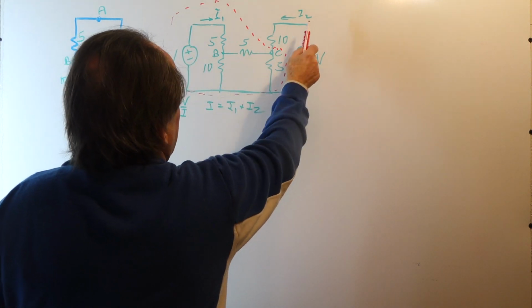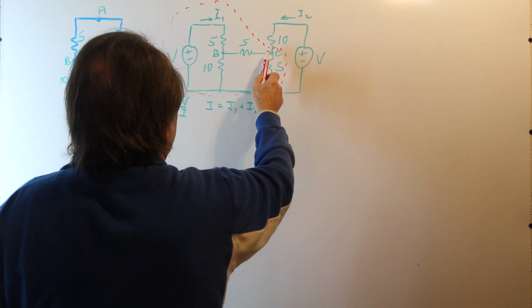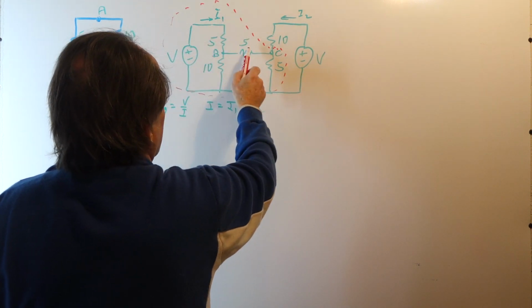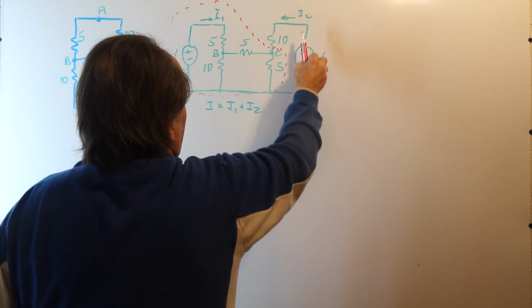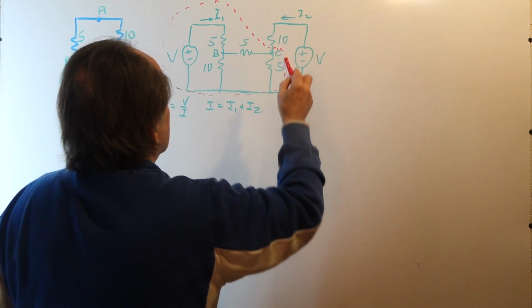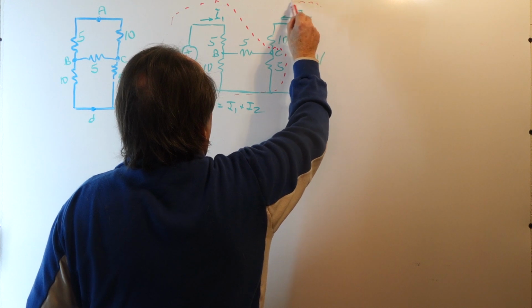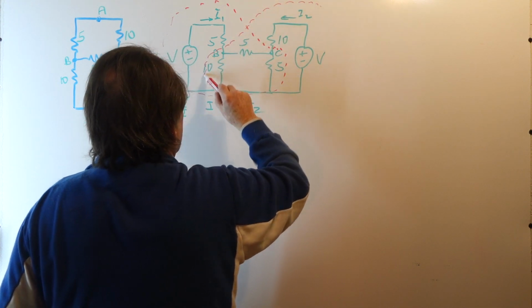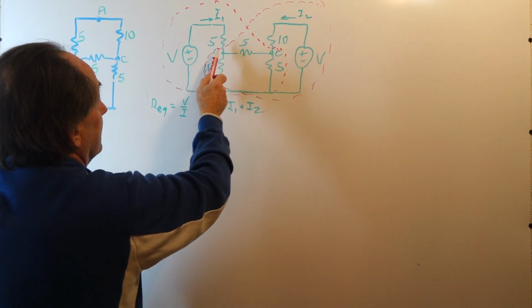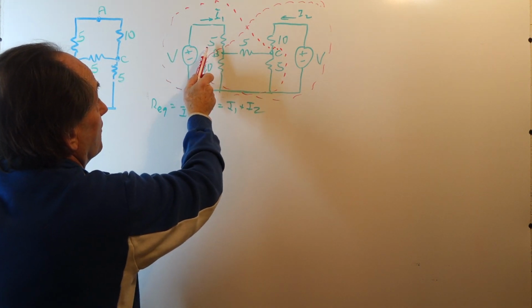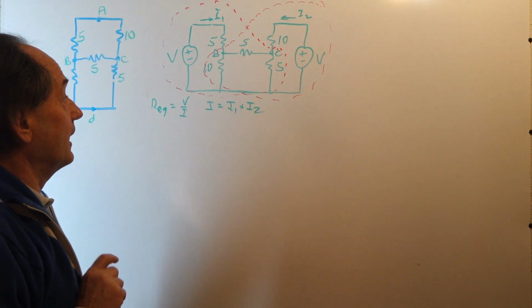Then doing that, I can find I2 by replacing this portion with its Thevenin equivalent, and then adding this portion of the network to it and compute I2. And similarly, I'll find the Thevenin equivalent for this portion of the network, and then attach V and the 5 ohm resistor to compute I1.